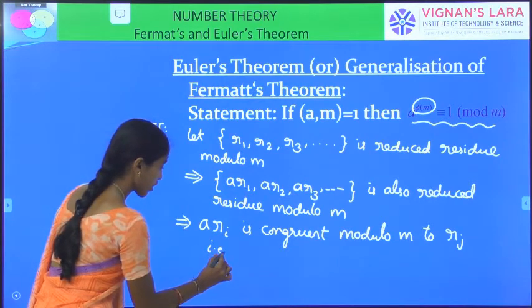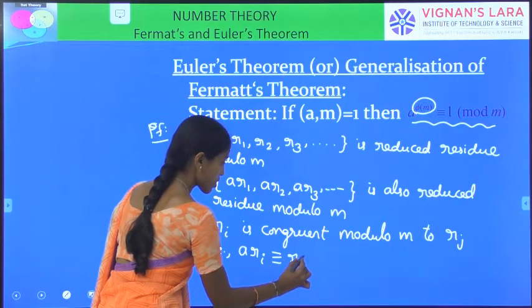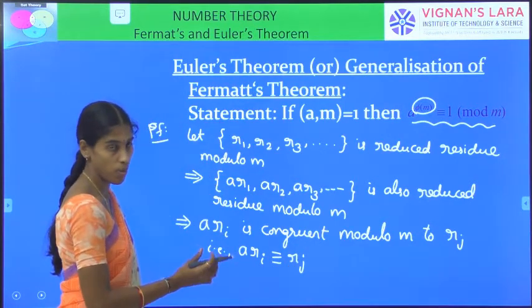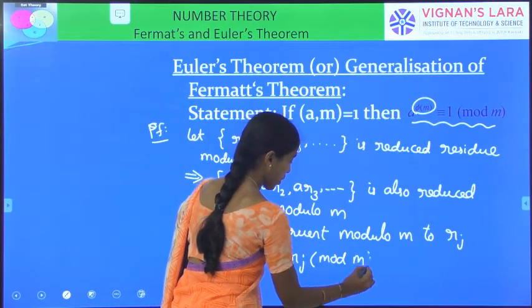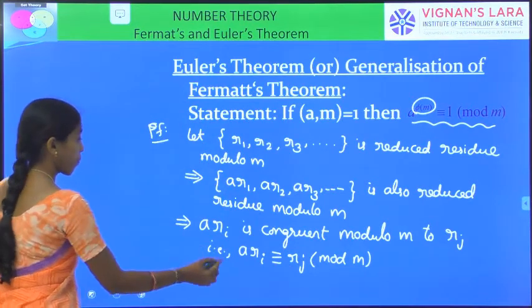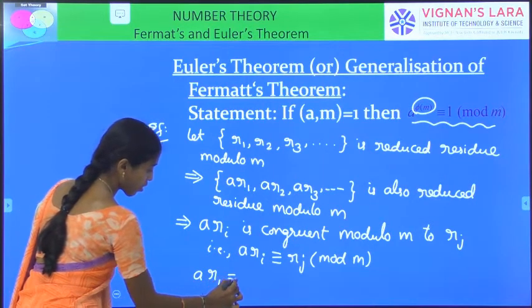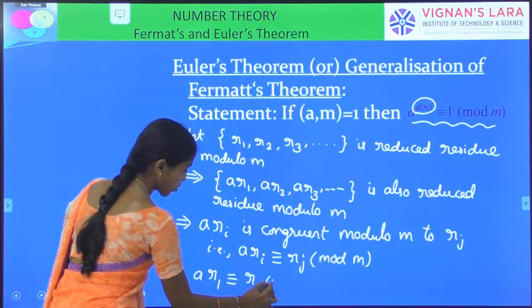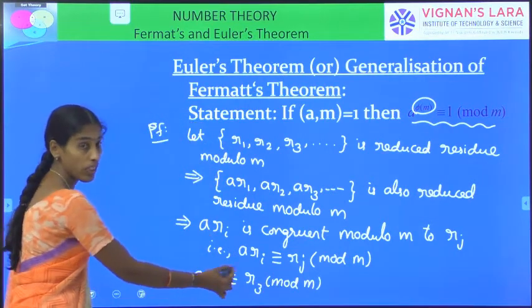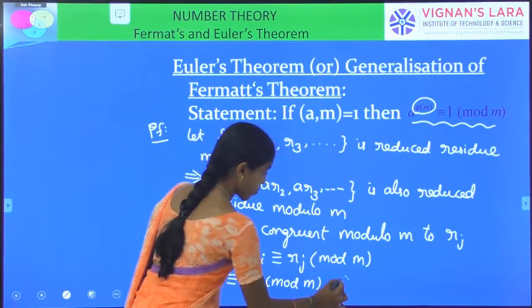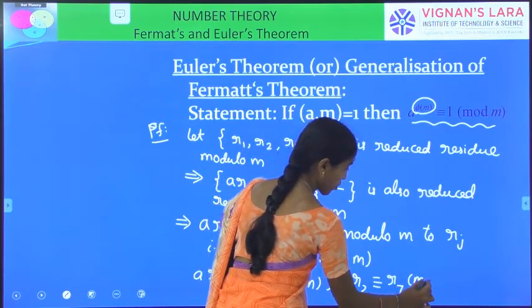We can write aRi is congruent to some Rj, and order does not follow here, modulo m. So what is the meaning of this? Some aR1 is congruent to some R3 modulo m, but not in the same order. Here we are considering aR1, here we are considering R3. Similarly, aR2 is congruent to some R7 modulo m, like that.